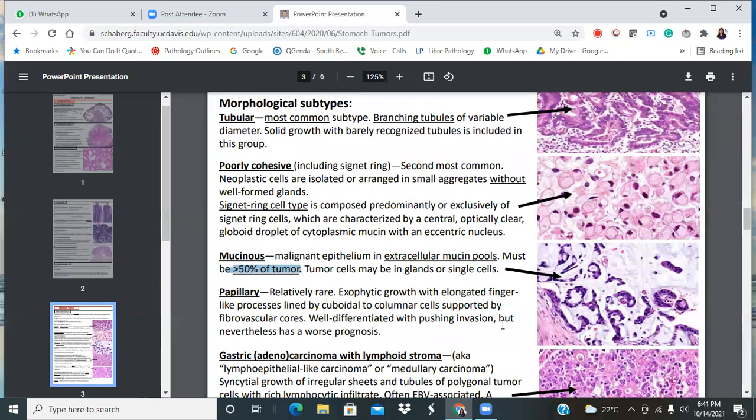Papillary is relatively rare: exophytic growth with elongated finger-like processes, lined by cuboidal to columnar epithelium supported by fibrovascular cores. Well differentiated with pushing invasion, but nevertheless has a worse prognosis.